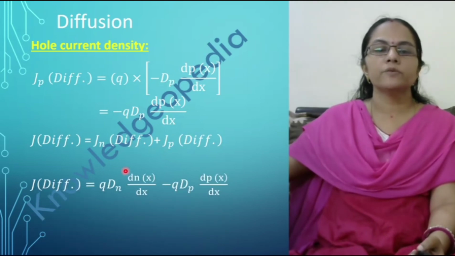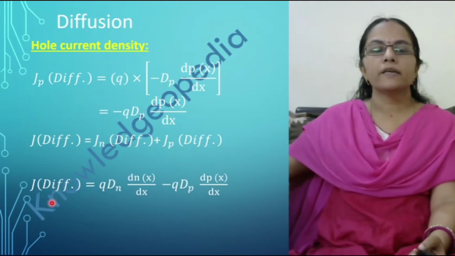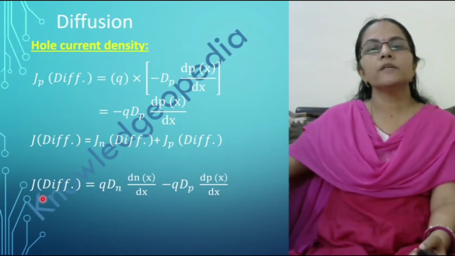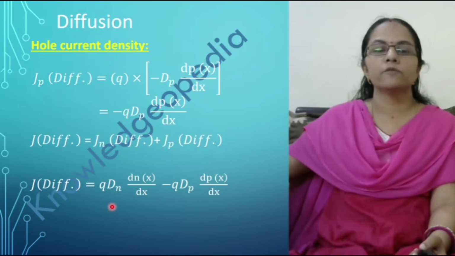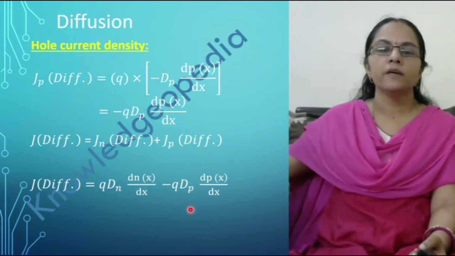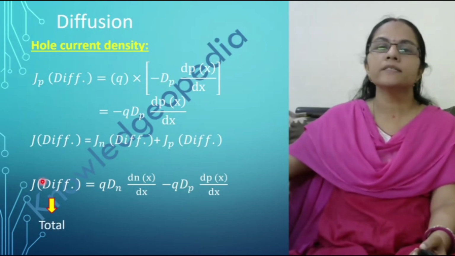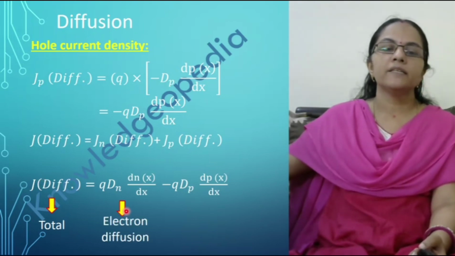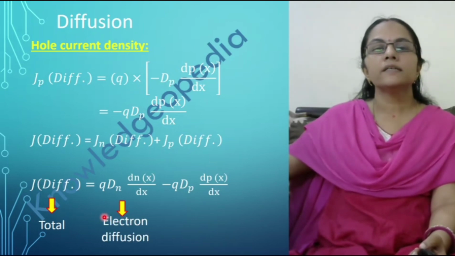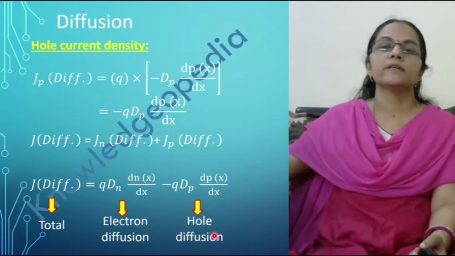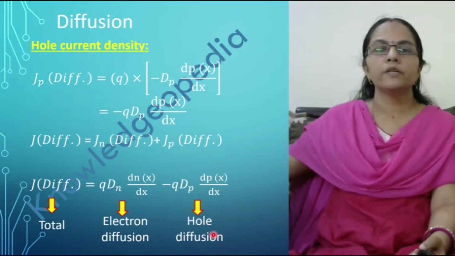So if you substitute the values over here, I obtain that the diffusion component of the current density is equal to q Dn dn by dx minus q Dp dp by dx. Here this is the total current density due to diffusion, this is the current density due to electron diffusion, and this one is the current density due to hole diffusion.